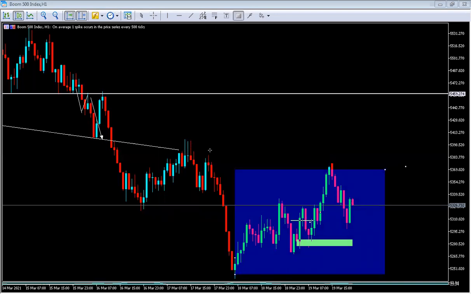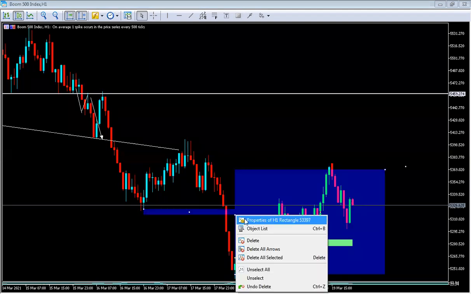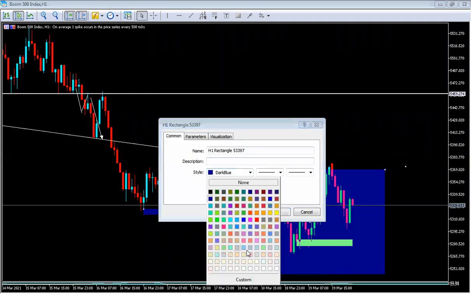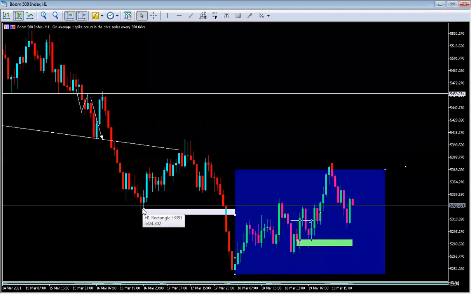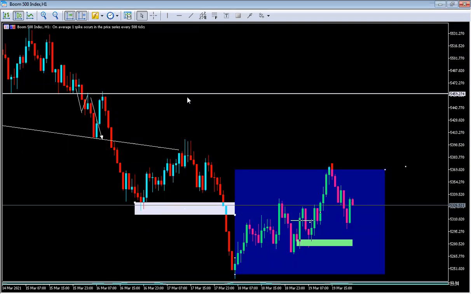You want to look for the lowest low so far. Okay, this is the lowest low so far. Change the color to white. This is the lowest low. So you want to cover that wick from that wick to the closing of the candlestick. And then at the same time, you want to also figure out your resistance zone.